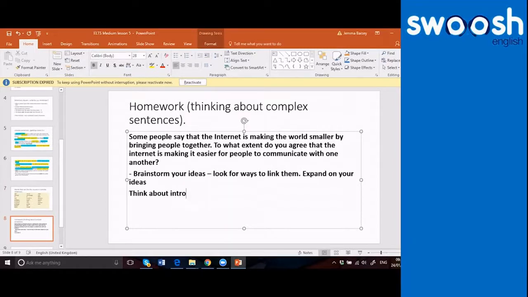Think about what does the introduction need to have? Paraphrase. Yeah. Set your statement. Mm-hmm. And then the outline of the essay. Okay.